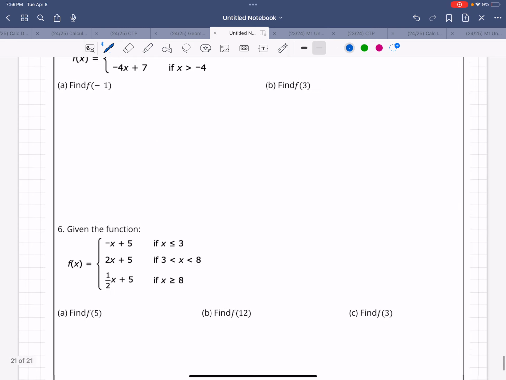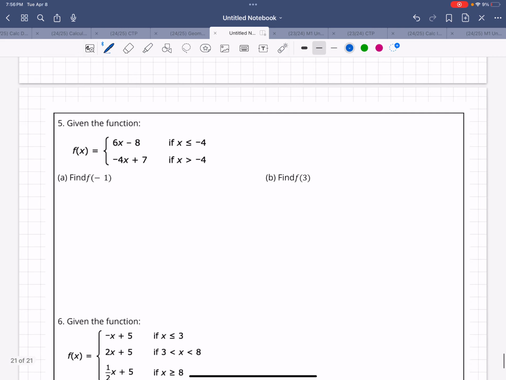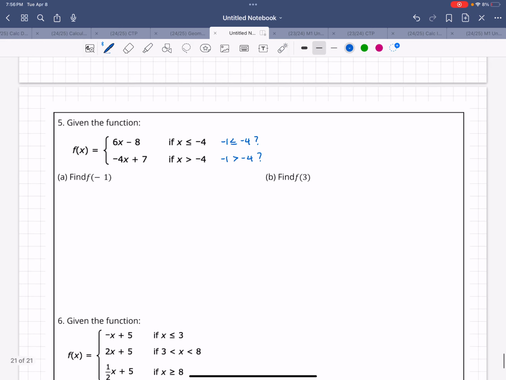Questions 5 and 6 have us look at a piecewise function and then find particular values. Those values can be found by looking at our inequalities. When you see f of -1, your job is to think, is -1 less than or equal to -4? Or is -1 greater than -4? The easiest way to determine this is to think of a number line.